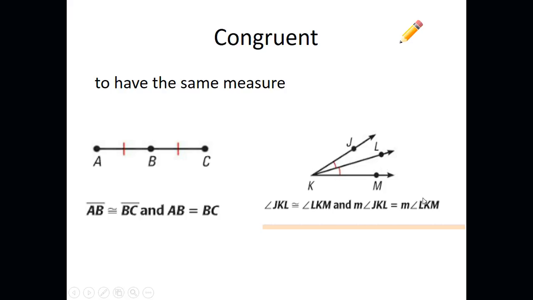So again, in the diagram, and this part would be important to get into my notes, angle JKL is congruent to angle LKM, and that means that the measure of angle JKL is equal to the measure of angle LKM. Okay, those little m's in front of the angle stuff stand for measure.